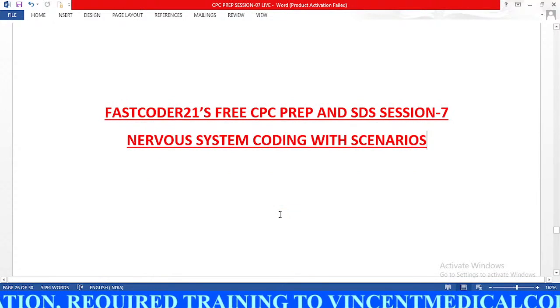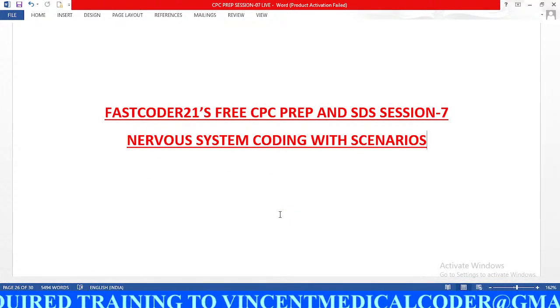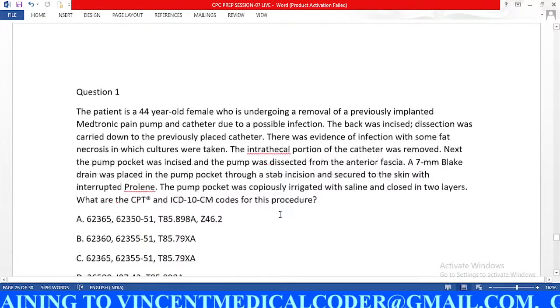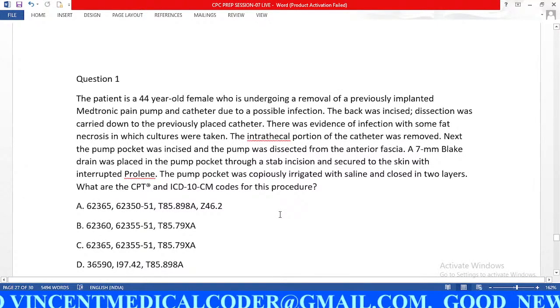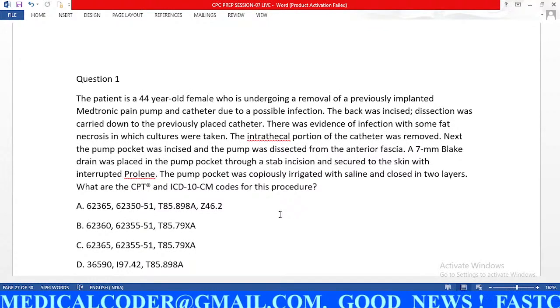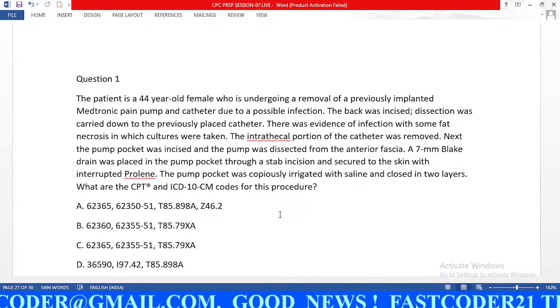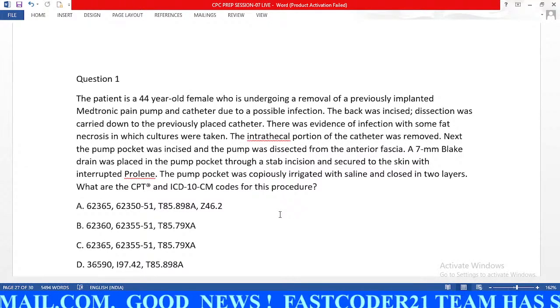Past quarter 21 free CPC prep and SDS session 7, nervous system coding with scenarios. Get ready guys. Question 1. The patient is a 44-year-old female who is undergoing removal of a previously implanted Medtronic pain pump and catheter due to possible infection. The back was incised. Dissection was carried down to the previously placed catheter.